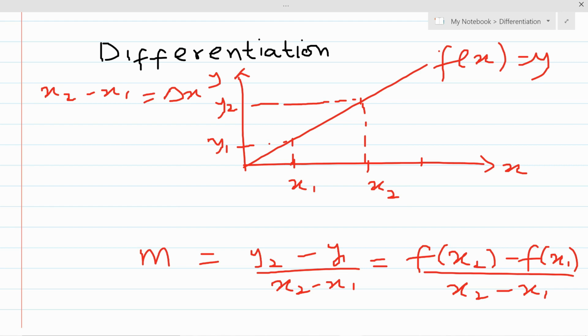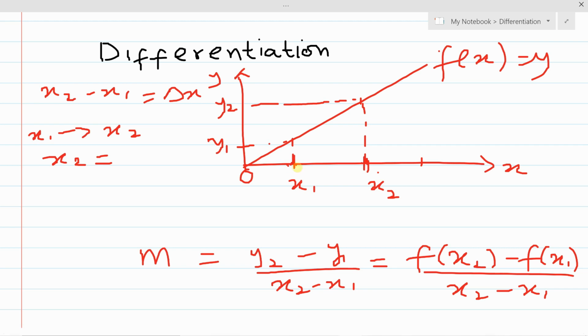From the graph you could see that if I'm moving from x1 to x2, then after moving from 0 to x1, if I want to get to x2, I have to add the distance between x1 and x2 to x1.